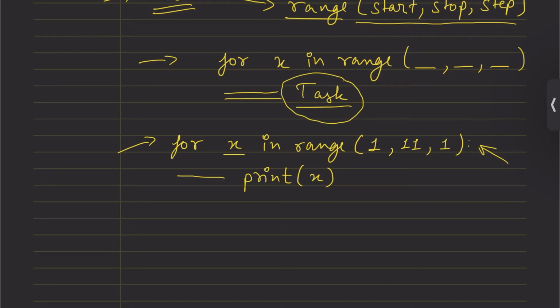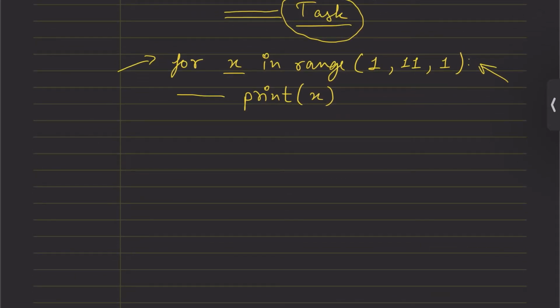It will print 1, go to the next line, print 2, again go to the next line, and print 3, and it will keep on printing until it reaches 10, and then the loop will exit or end. How many times the loop repeats depends on what you have written in these brackets. So that is all there is related to the for loop.